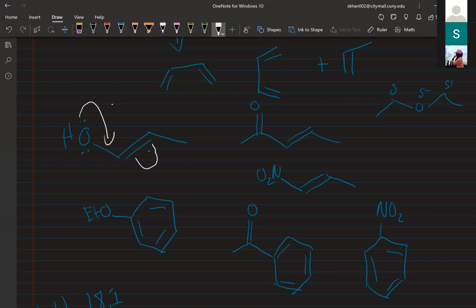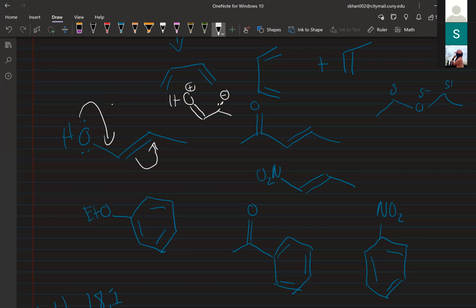So this would push up this way and you get a resonance structure that looks like this. Now you can see that where the alkene was, there's electron density there, because those lone pairs moved there. And that's what is meant by electron donating: something that can push electron density somewhere else.